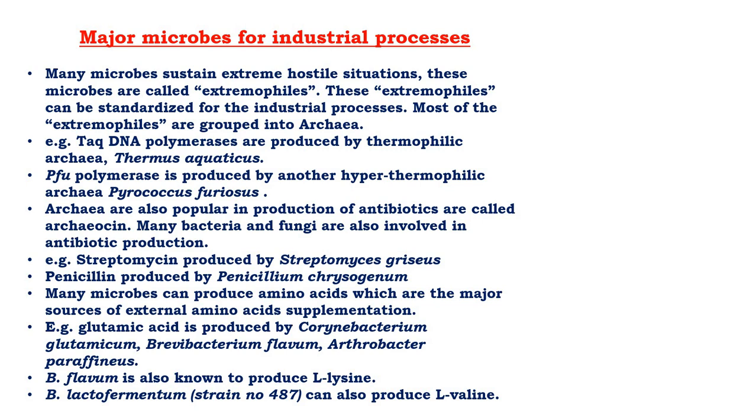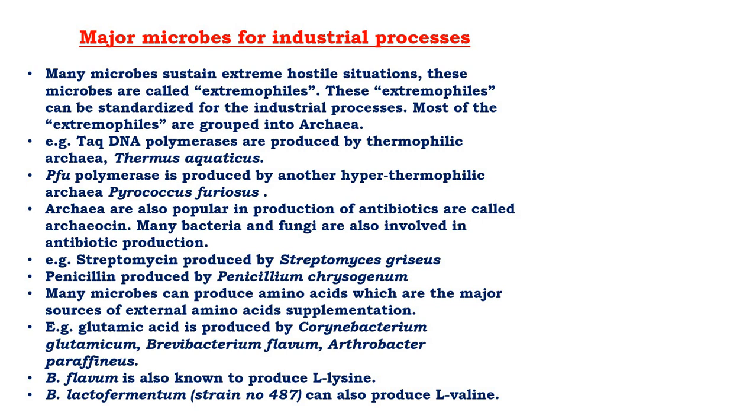Archaea are also popular in the production of antibiotics, and most of them are called archaeocins, and many bacteria and fungi are also involved in antibiotic production. For example, streptomycin is produced by Streptomyces griseus, and penicillin is produced by Penicillium chrysogenum. Many microbes also produce different amino acids which are regularly used in our daily life, and are major sources of external amino acid supplementation. For example, glutamic acid is produced by Corynebacterium glutamicum, Brevibacterium flavum, and Arthrobacter paraffineus.